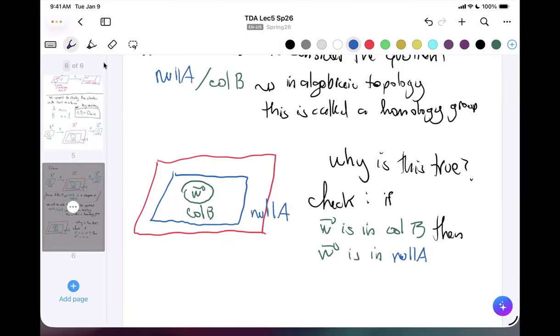But what does it mean to say that W is in the column space of B? Almost by definition, that means that you can write it as B times a vector. That's what it means to be in the column space.